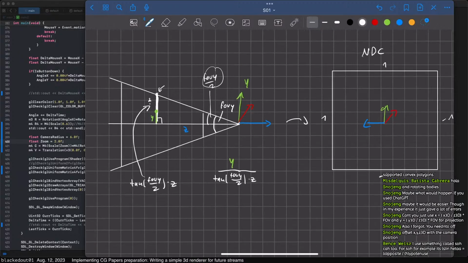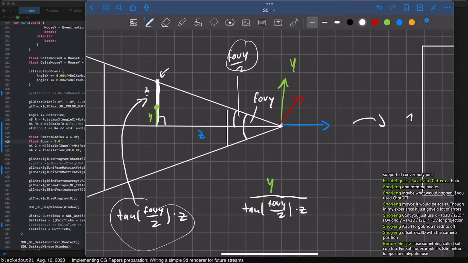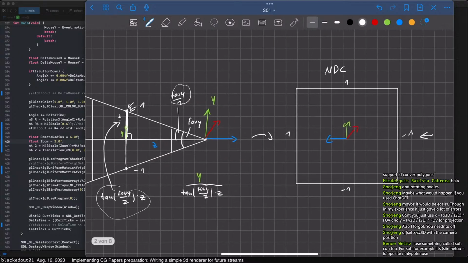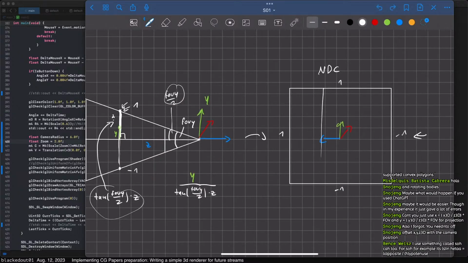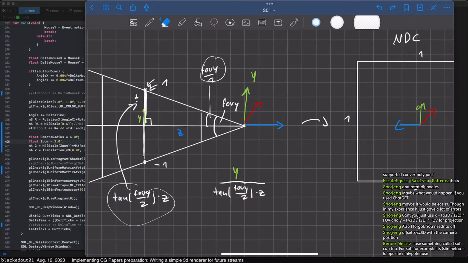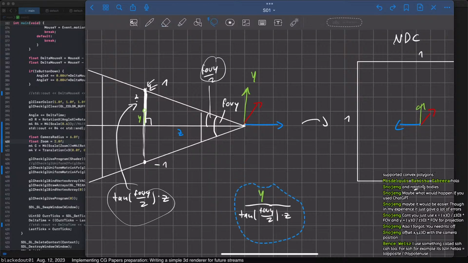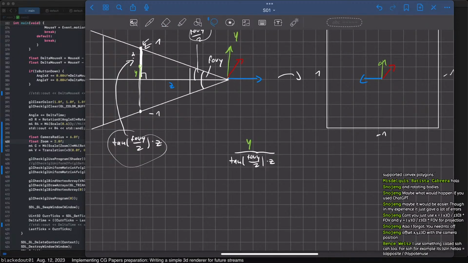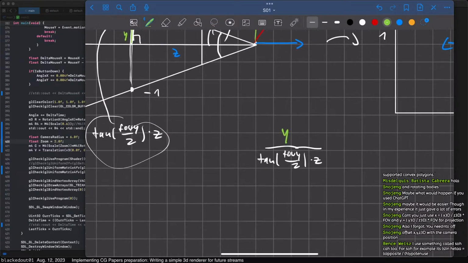I hope you can see that if we divide by this length, we normalize, and this point is then 1, and this point here is then -1. So this is the correctly mapped version into this range. Yeah, so that's how we do a perspective projection of our y coordinate. So basically y NDC is equal to this.